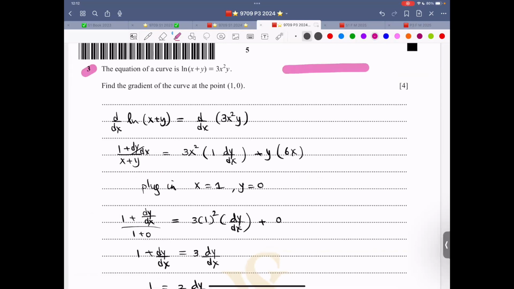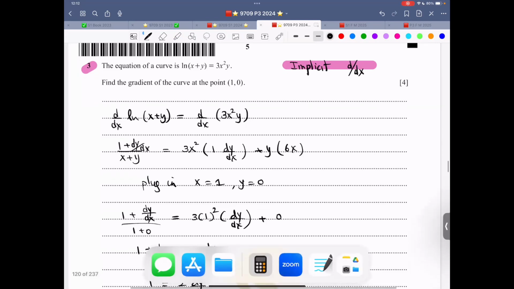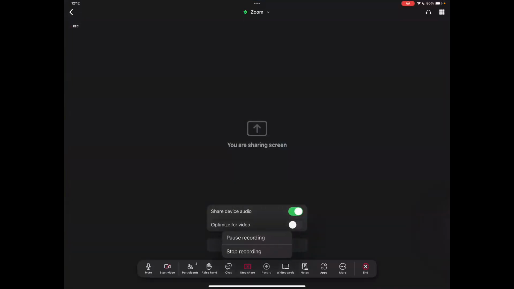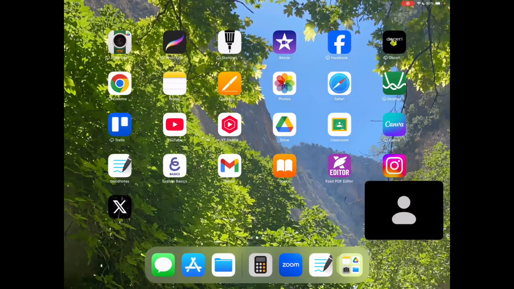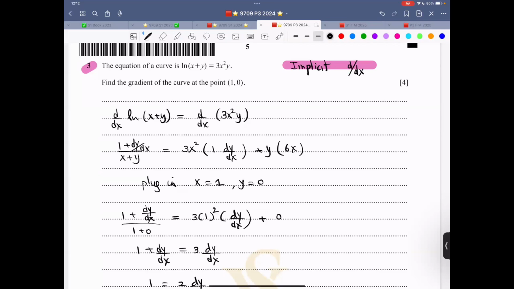Now, this looks like it is about differentiation of implicit functions. Sometimes they give implicit, sometimes they give what you call parametric. Let me just double check. Yes, the recording is all good. So now over here, find the gradient of the curve at the point (1, 0).